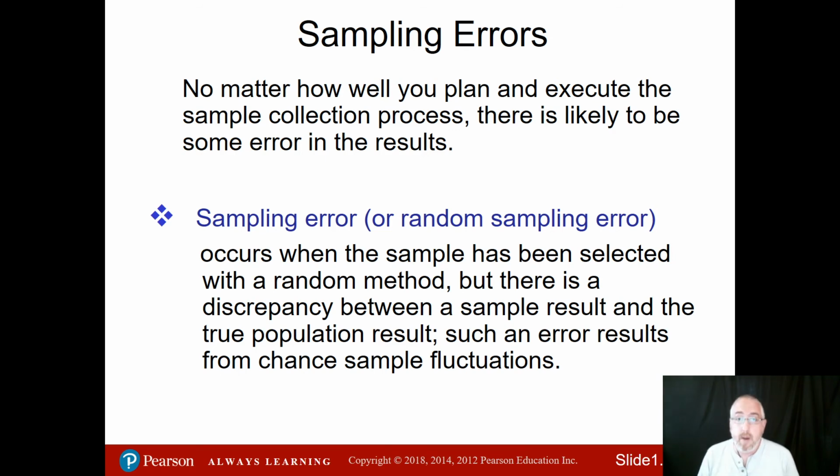A sampling error, or a random sampling error, occurs when the sample has been selected with a random method, but there's a discrepancy between a sample result and the true population result, such as error resulting from chance sample fluctuations. So really what this boils down to is sample size. If you have too small of a sample, you might get unlucky and have that small sample all show the same thing.